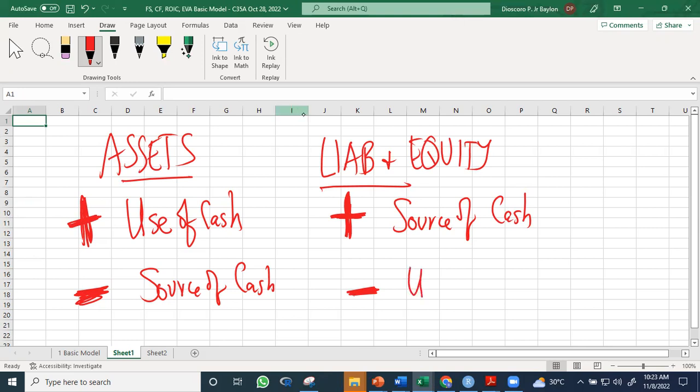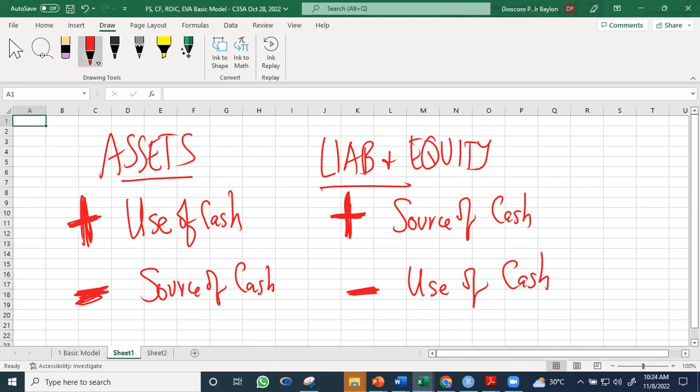So this will be a use of cash. So we use this general rule in determining whether an increase or decrease in an asset account or a liability account is a source of cash or a use of cash.